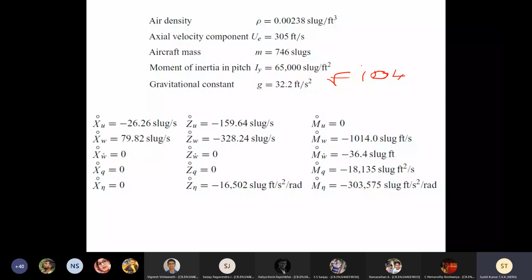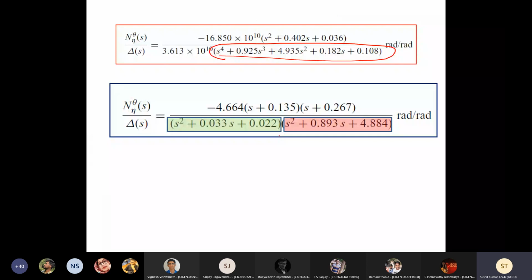After all this number crunching, you end up with a 4th degree polynomial in the denominator, which I can factorize into two second order polynomials, or equate to 0 and make quadratic equations. This is how you get the transfer function.